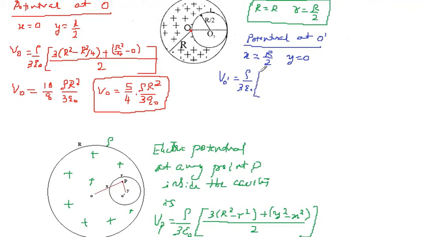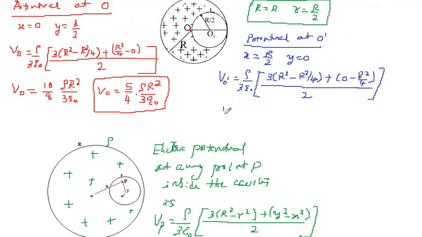So now on making the substitutions, it will be 3, and inside bracket it is 3r square minus r square by 4 inside the bracket, plus what is y? Y is 0, minus what is x? X is r by 2, that means r square divided by 4. Okay, so this much, and divide by 2.